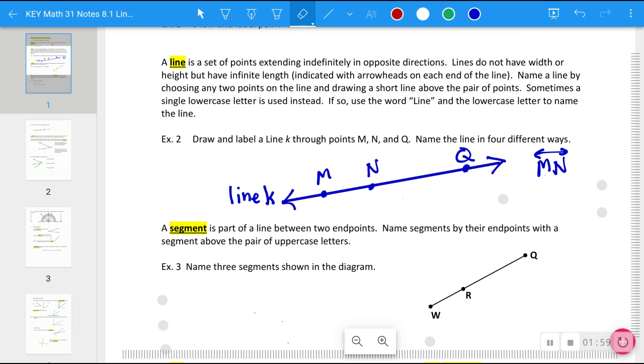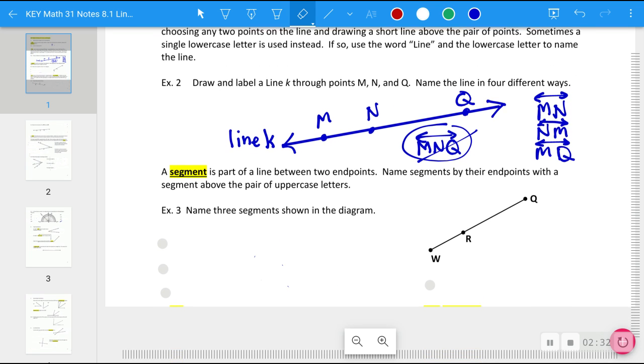Another way to name this exact same line is the line that goes through N and M. And you could even do M and Q. Now, if you turn the letters around, it doesn't make any difference. It's the same line whether you say MQ or QM. Now, what you don't want to use is more than 2 letters. So line MNQ, that's incorrect. You just use 2 letters, and they indicate points that are on the line, both of them.